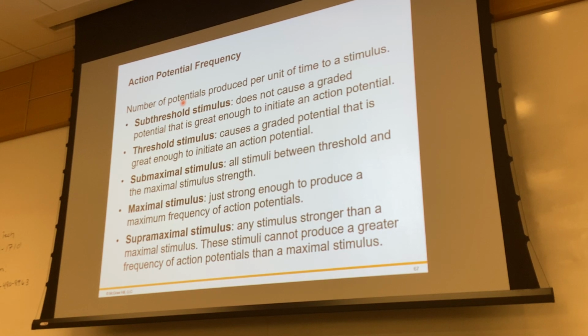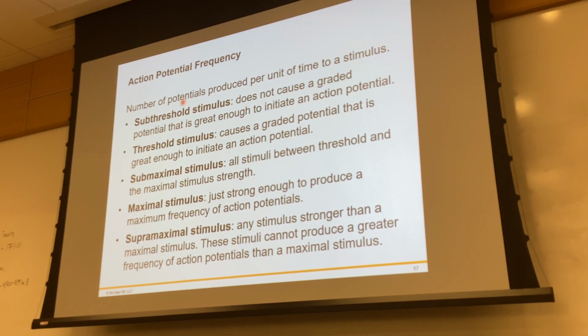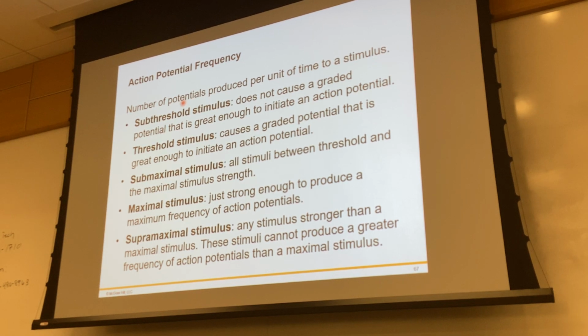In other words, how frequent are they? If it's in a second, do you do 1 per second or 10 per second? In that second instance, the signal is 10 times stronger. If it's a muscle, if it's a gland, whatever is responding there is going to get a signal 10 times stronger.